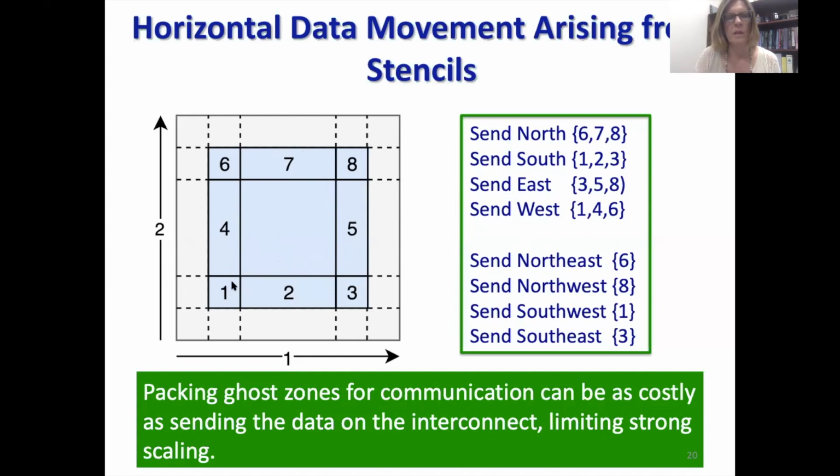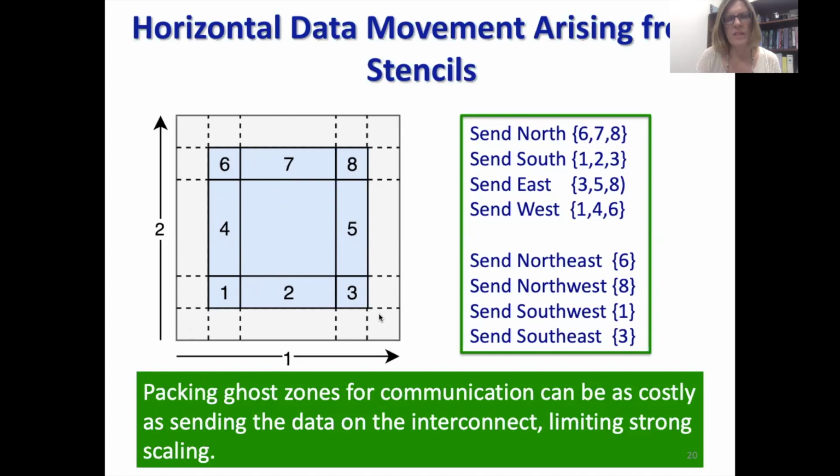So this node has 8 neighbors in 2-dimensional space. It has the neighbor to the north, to the south, to the west, to the east, and then it has these diagonal neighbors.